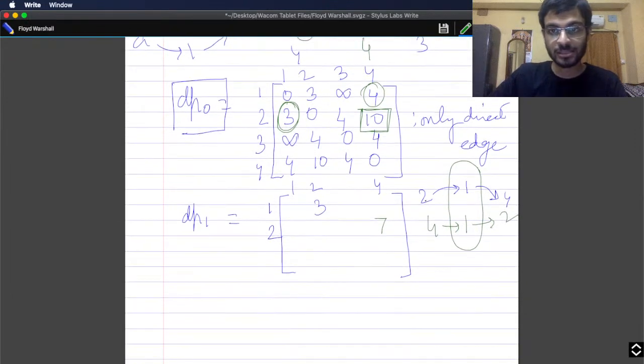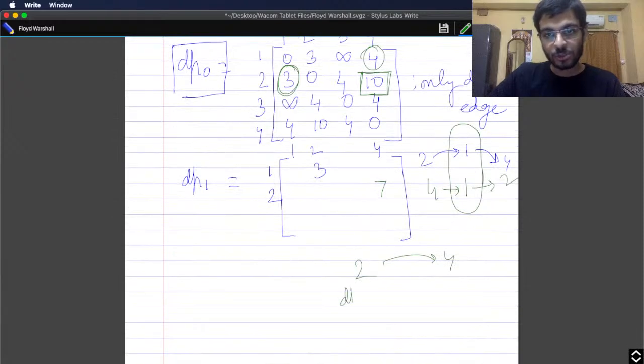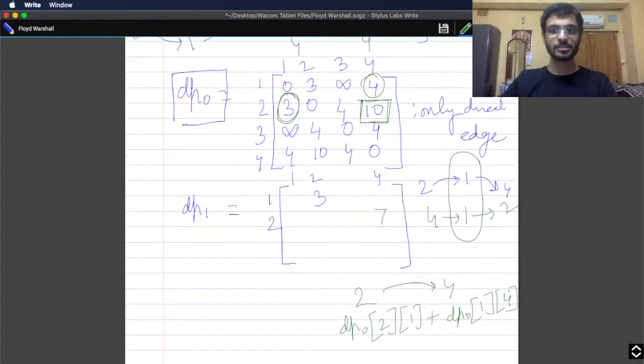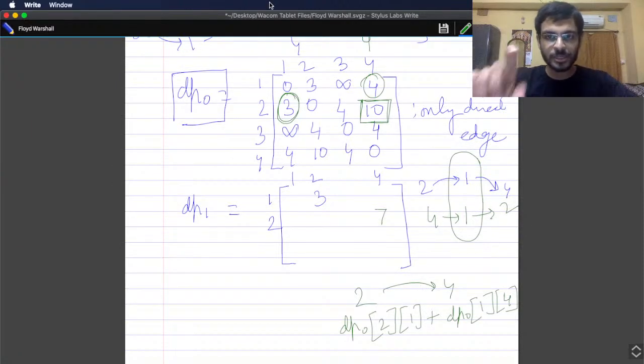For going from 2 to 4, you do something like this: dp0 of 2 to 1 plus dp0 of 1 to 4. So if 1 is the intermediary node between any two nodes, then I can have that over here.